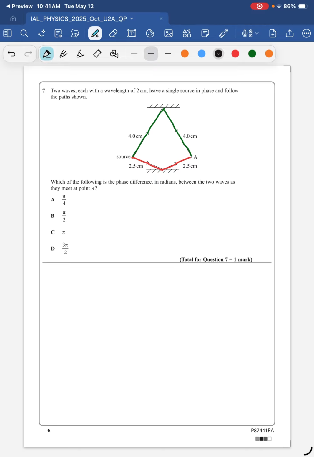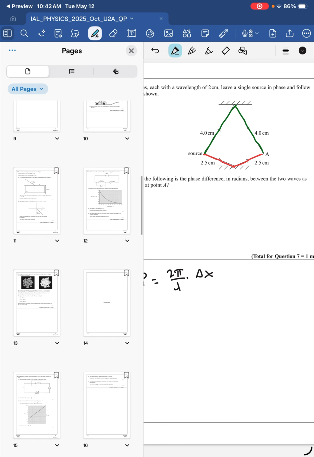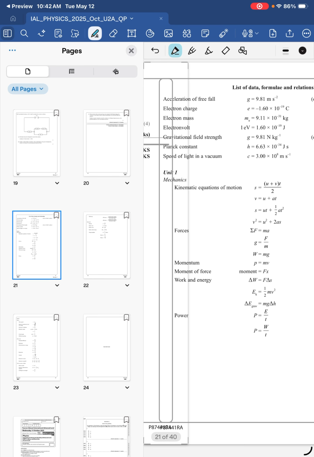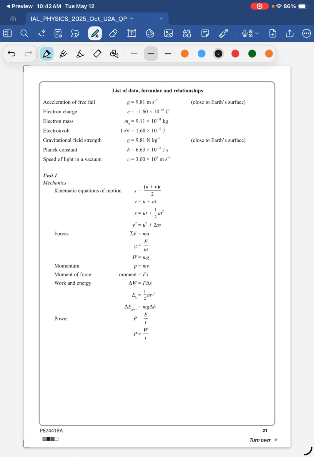Which of the following is the phase difference in radians between the two waves as they meet at point A? Okay, so in general, the phase difference is given by 2 pi over lambda times delta x. And I remember I checked before. Let's go to the back of the paper. I think this is one of the formulas that you actually have to remember because they don't give it to you.